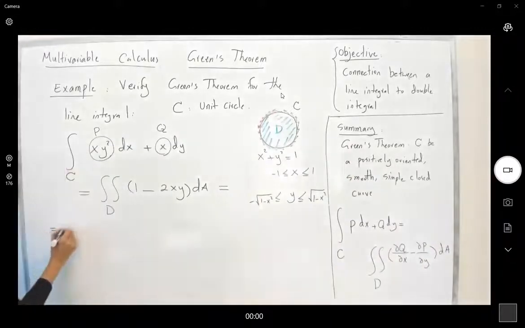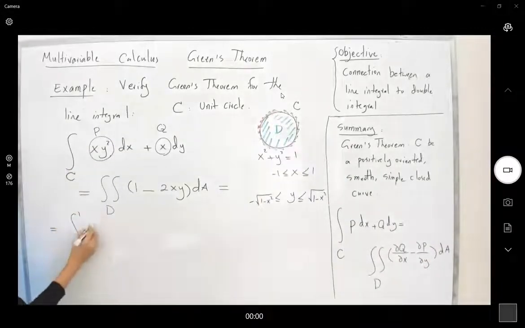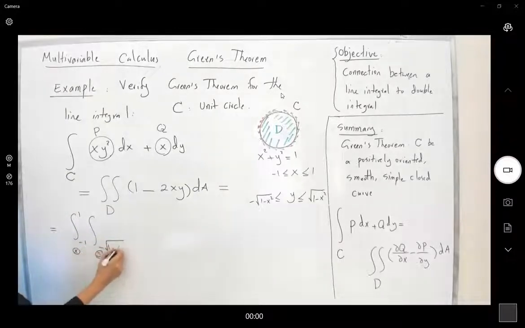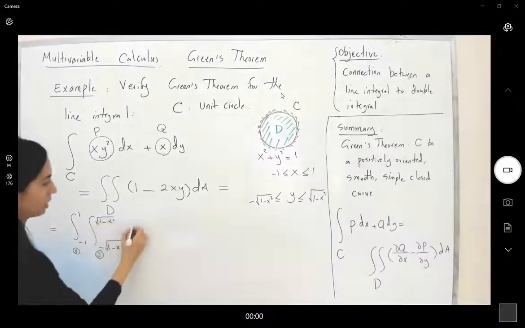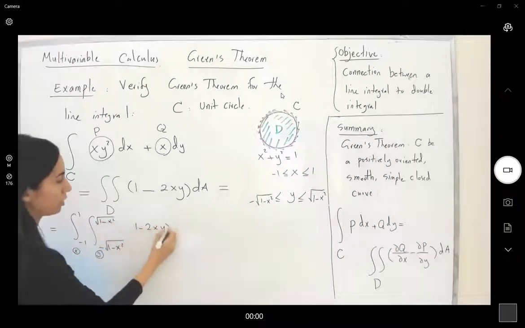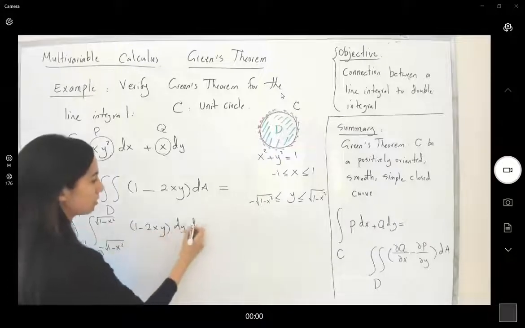So you can write this as the integral from -1 to 1, this is your x, your y from minus square root of 1 minus x squared to square root of 1 minus x squared, and here you have 1 minus 2xy dy dx.